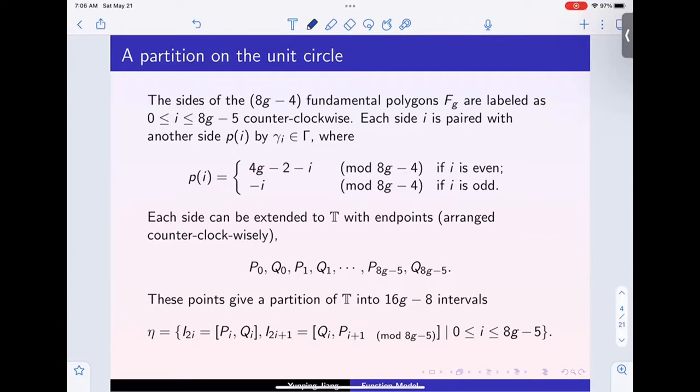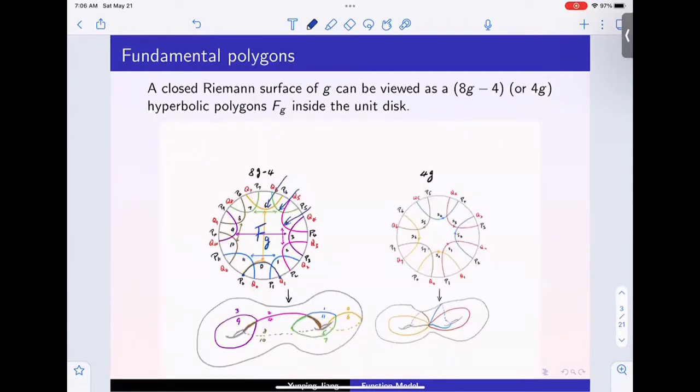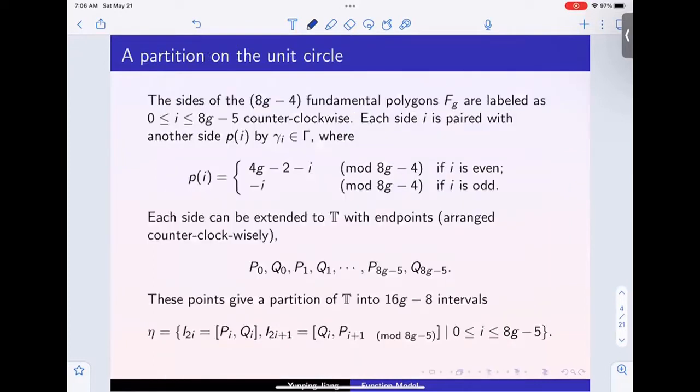Here is a picture showing how to arrange these points. You have P0 here, then P1 here, and between them you have Q1, then Q0, and so on. You arrange them counterclockwise. Then these points cut the unit circle into 16g minus 8 intervals.